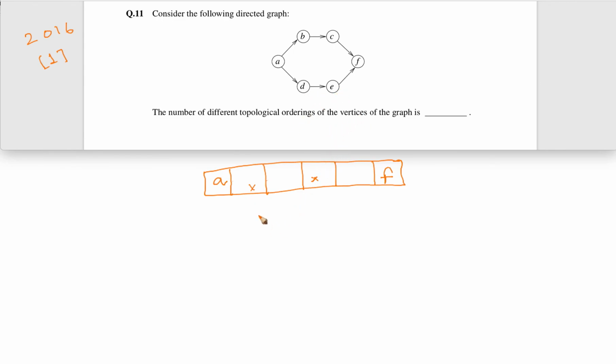So the problem boils down simply to in how many ways we can choose two slots out of these four slots, and that number is 4 choose 2, which is 4 into 3 divided by 2 factorial, which is 6. So the number of different topological orderings of the vertices of this directed graph is 6, and that is our answer.